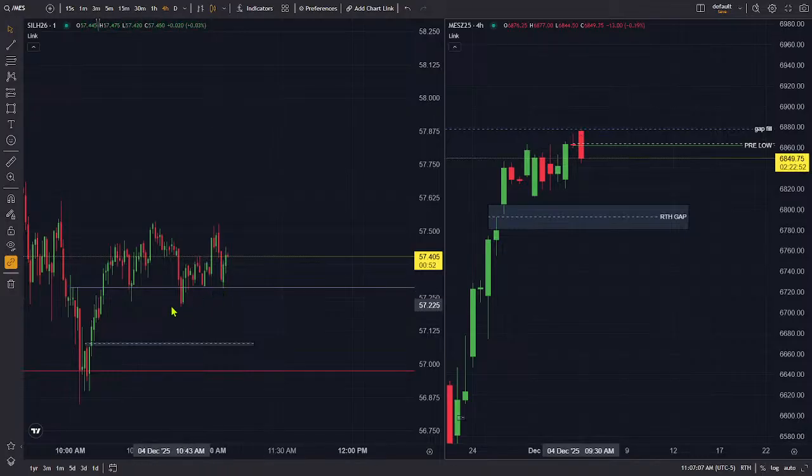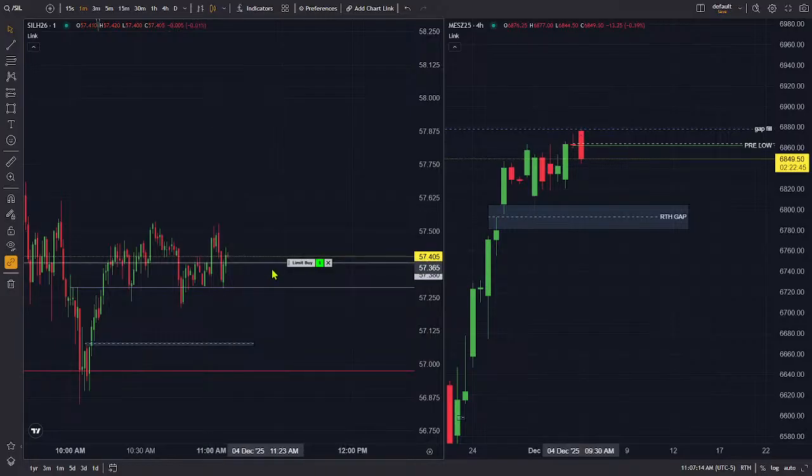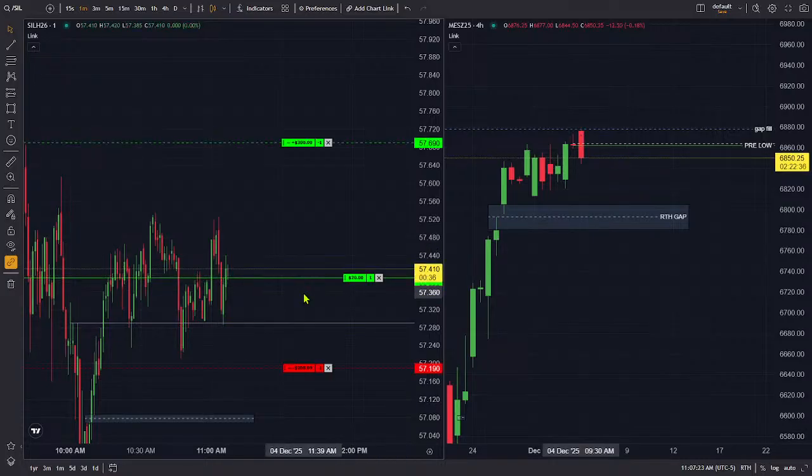High or low. I'm going to try it one more time. I'm going to try to buy one silver at that wick test. Right there. Got filled.